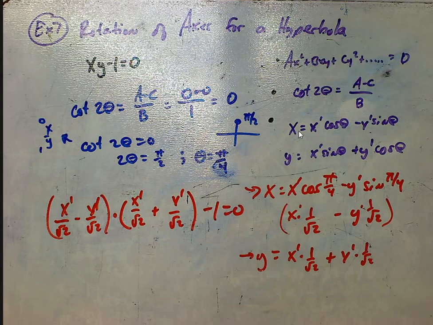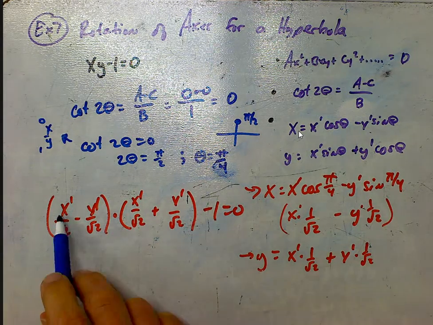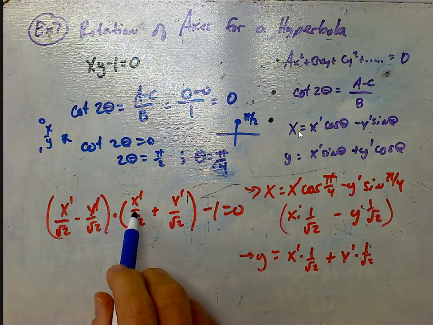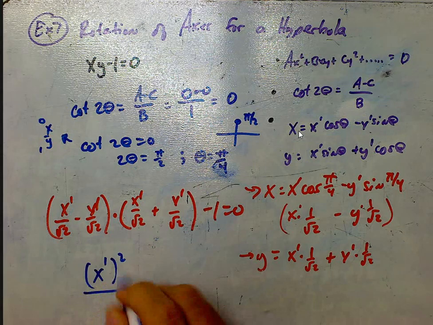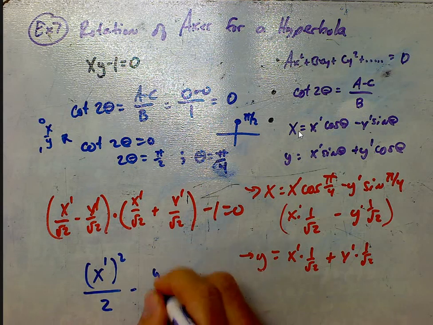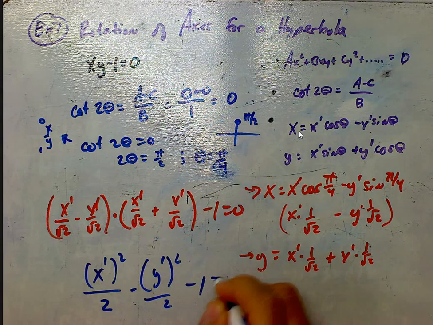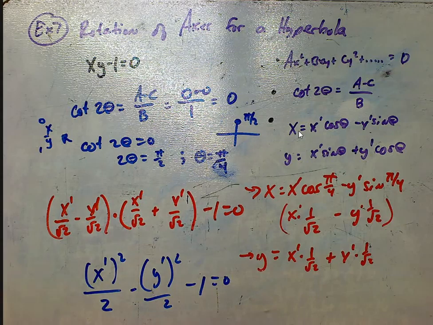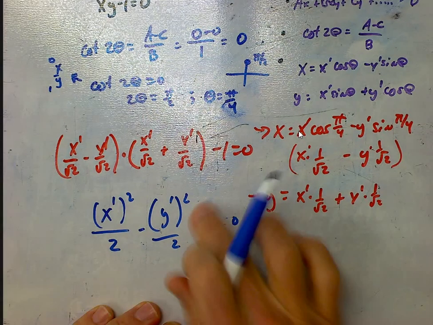I'm going to simplify this equation, and if I do FOIL here, this gives me x prime times x prime, which is x prime squared over square root 2 times square root 2, which is 2. The middle term is going to drop out, and minus y prime squared over 2, minus 1 equals 0. Simplify a little more, and essentially I'm just going to add the 1 to both sides, and it's going to equal 1.